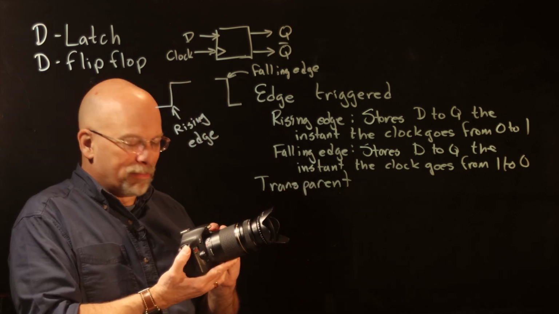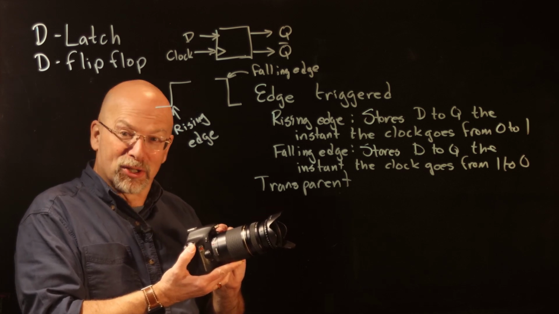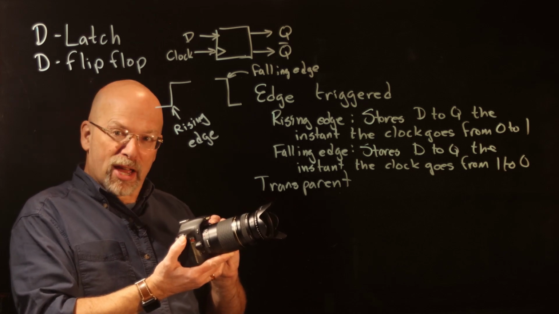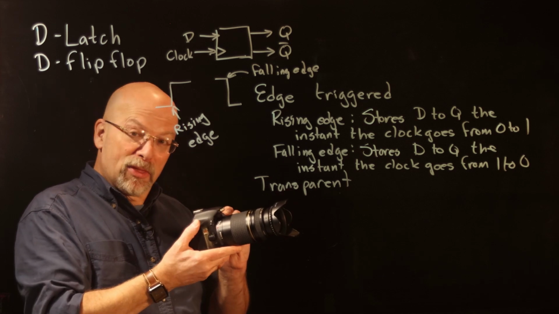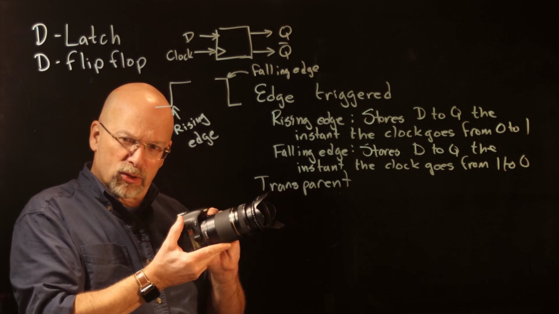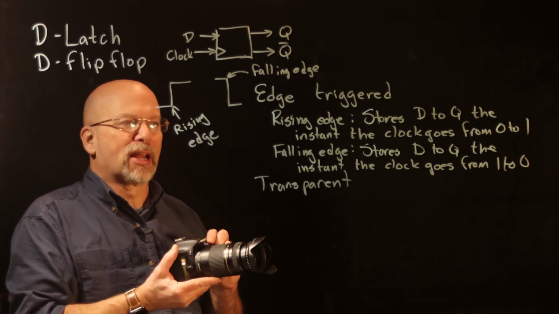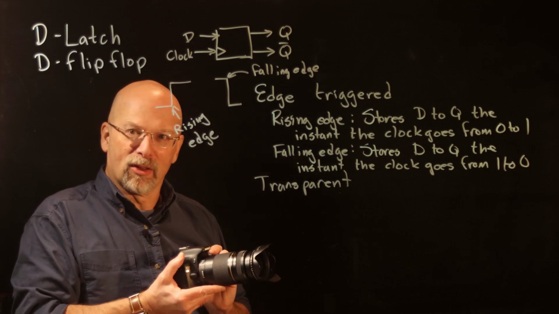We've got a button here, and whenever I push down on this button, it's going to take a picture, right? Now, the question is do I open the shutter in order to allow the image in through the lens and keep the shutter open as long as my finger's on the button, or do I do it just the moment that I push my finger down on the button? No, I do it just that moment, that instant when I push my finger down on the button.